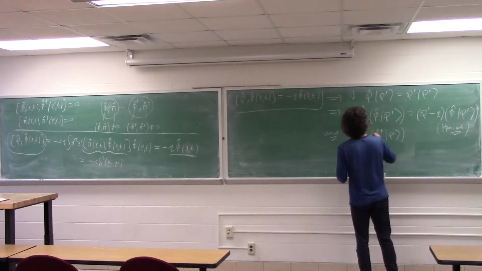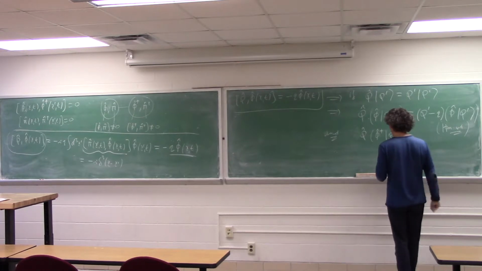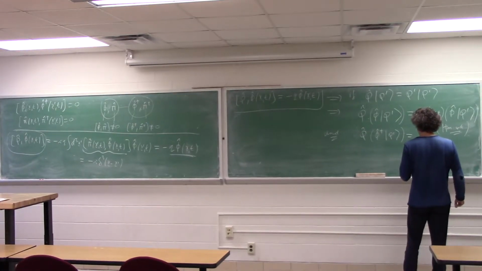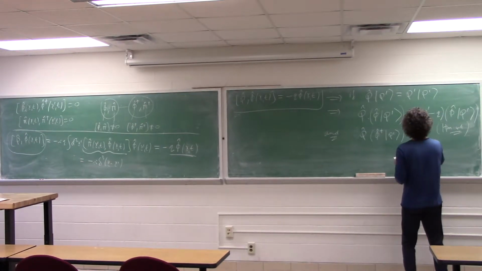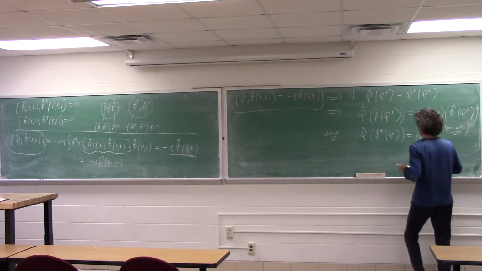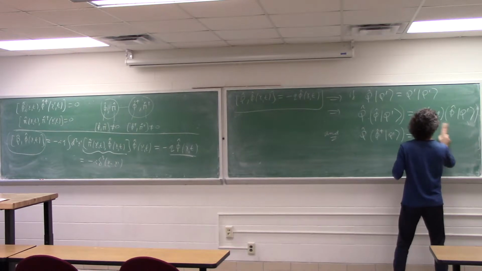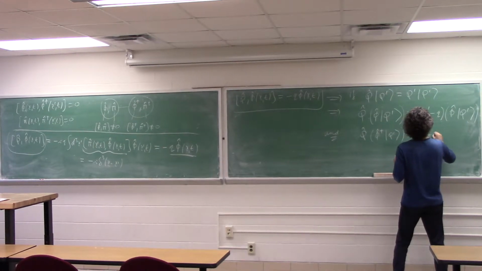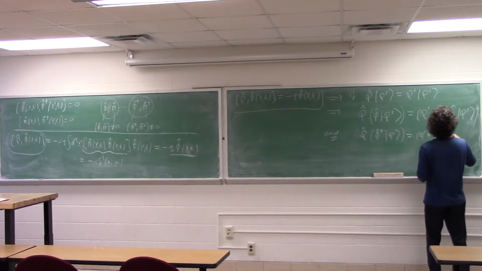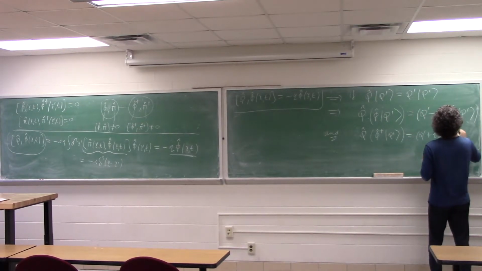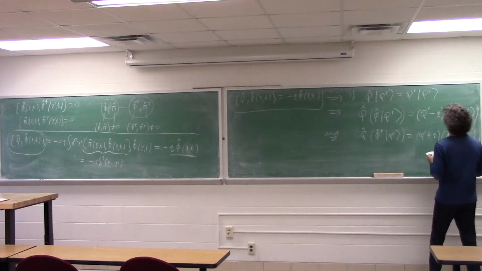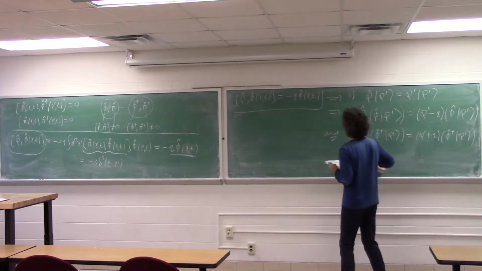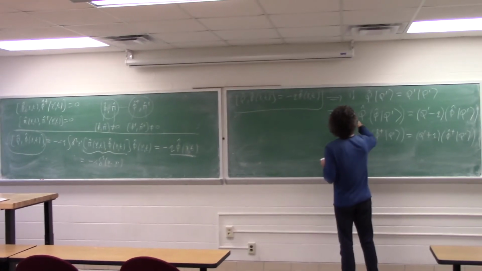This is also an eigenstate of the charge operator, but with eigenvalue q prime plus q. There you go, just a simple bit of algebra, and you can show this.